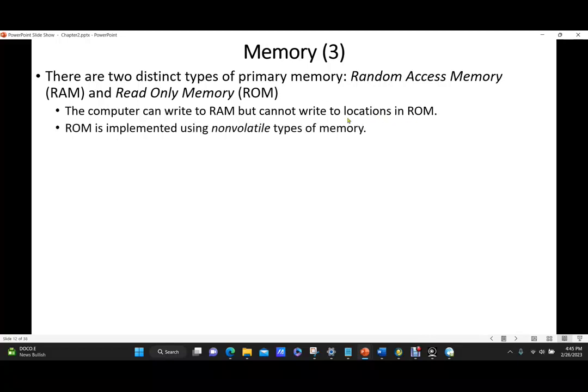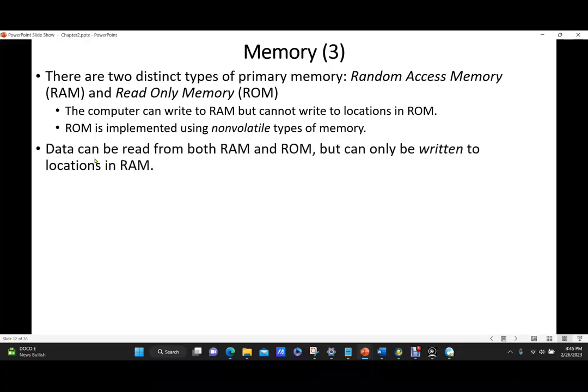That's why it's called read only. ROM is implemented using non-volatile kinds of memory. Data in RAM and ROM can be read from, but it is only possible to write to cells in RAM.